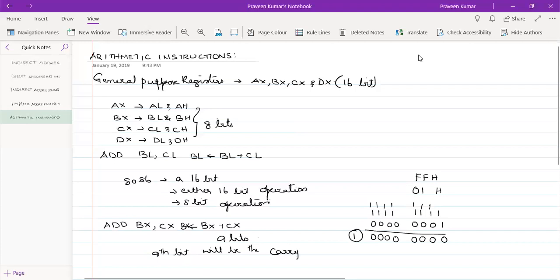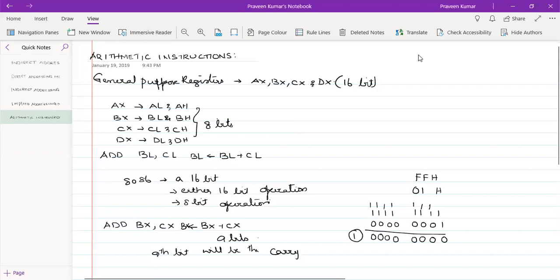It cannot be more than 9 bits. Like when we are adding 99 plus 1, the result we get is 100. In the same way, in the worst case scenario, FF plus 01, there will be a carry to the ninth bit.